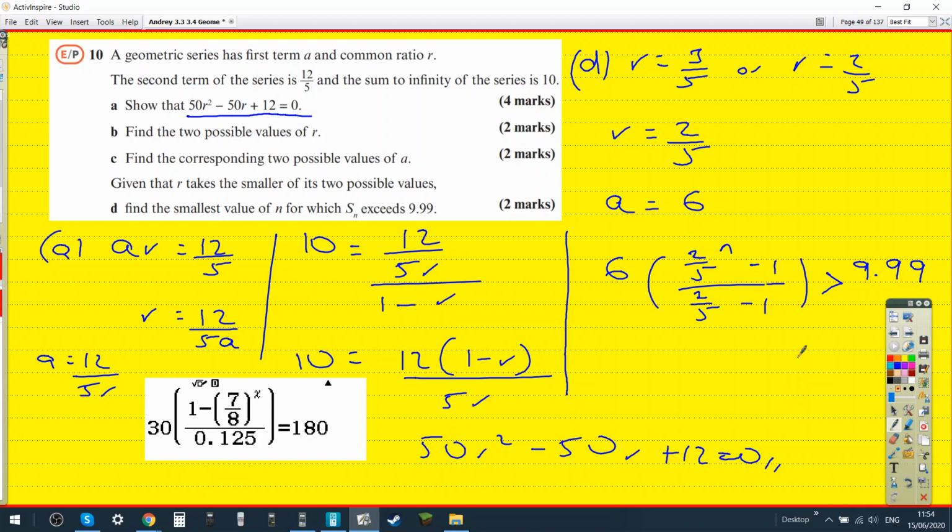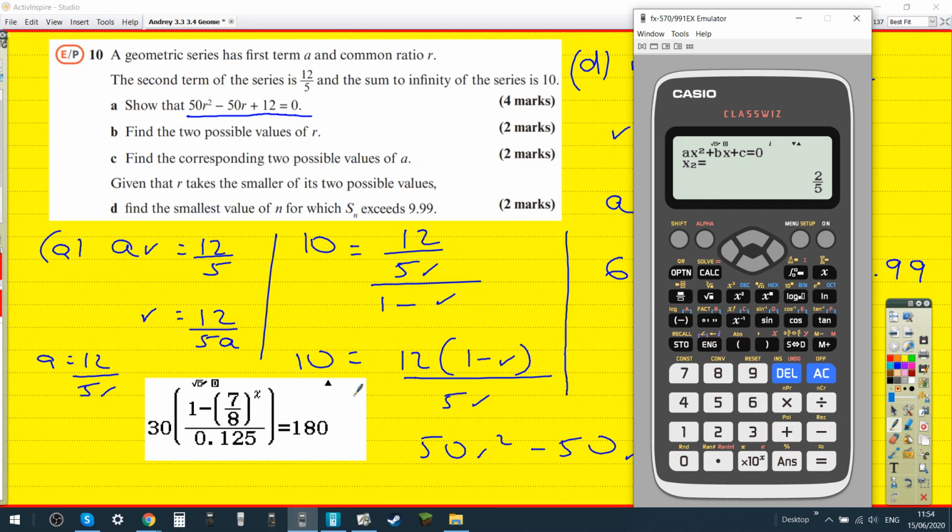And then I just put that into my calculator. Yeah. Try it.